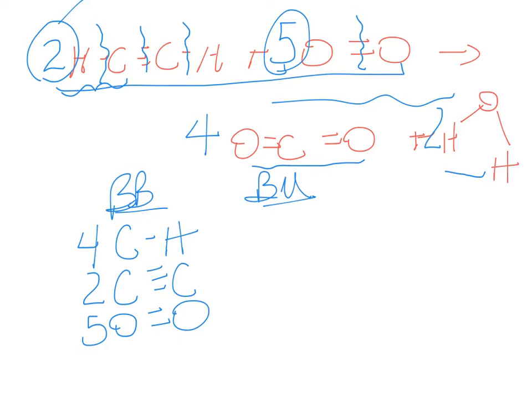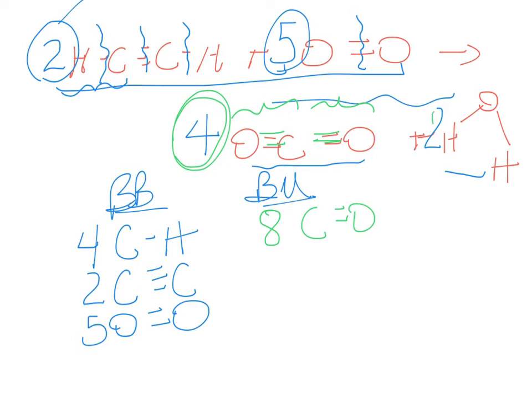Okay, let's go ahead and look at bonds made, which means you need to look on the product side. We have made carbon-oxygen bonds, because that carbon double bond oxygen did not exist in the reactants. We've made 2 of them in each carbon dioxide molecule, but then we have 4 carbon dioxide molecules. So 2 times 4 is 8 carbon double bond oxygen bonds that we have made.